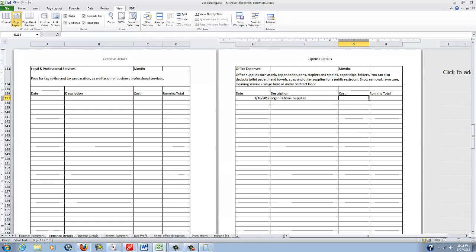Some totes for organization. Then we have glue sticks and poster boards for dream boards.